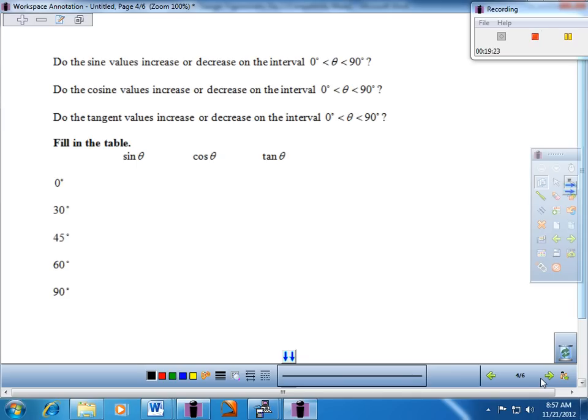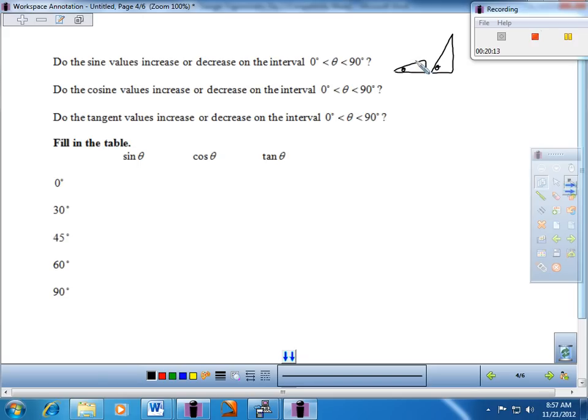Do the sine values increase or decrease on the interval of 0 to 90 degrees? So I'm just going to put a couple of right triangles here. I'm going to put one with a small theta, and then maybe one with a large theta, kind of helping us out there. So I don't know if that is helpful or not, but it gives you a sense of, okay, well, if theta is small, think about what would happen with the opposite over hypotenuse.